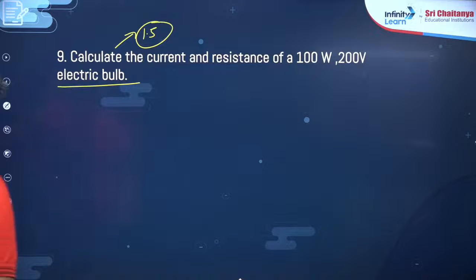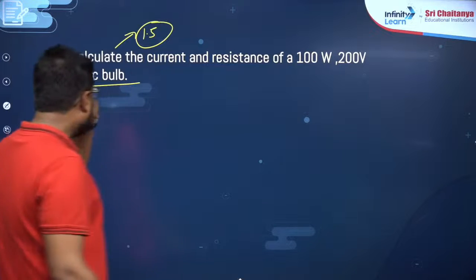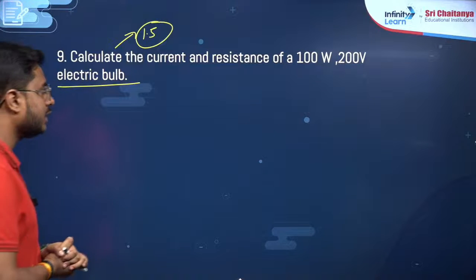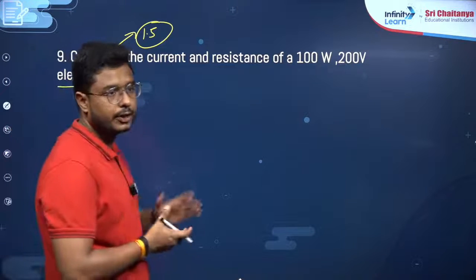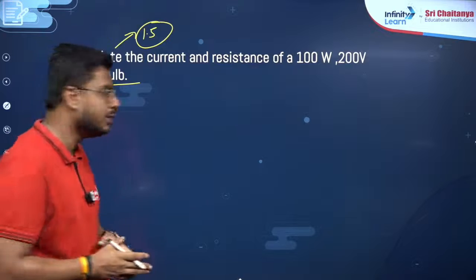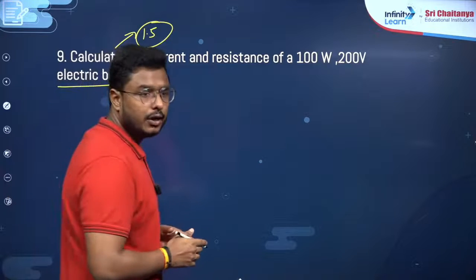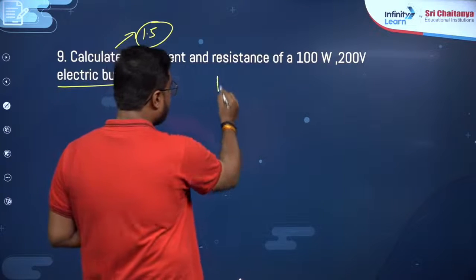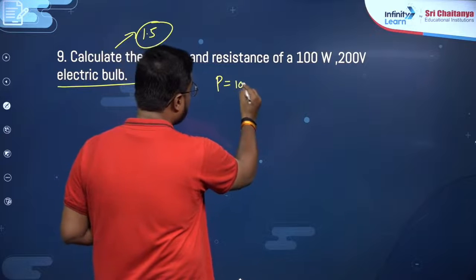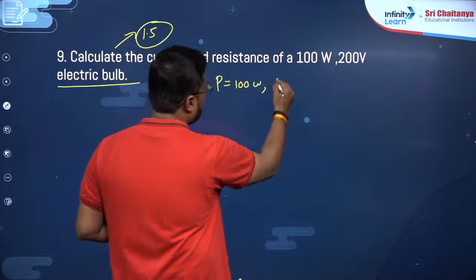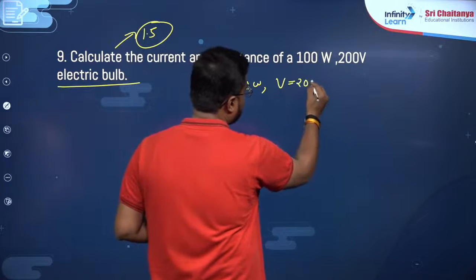Okay, so let's see this. Calculate the current and resistance of a 100 watt and 200 volt electric bulb. I hope all of you got your answer. So basically here, power is given 100 watt, 200 volt.